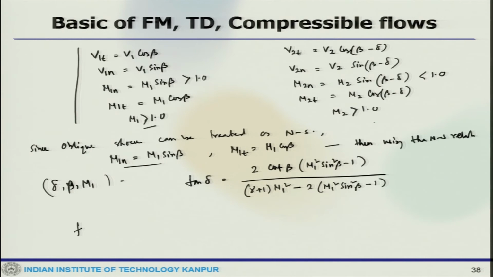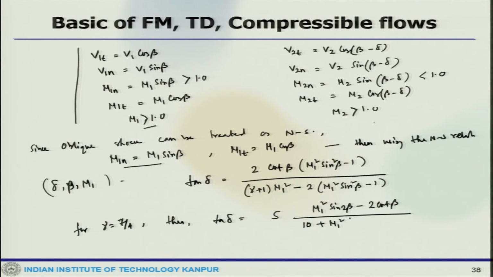Let us say if you consider a value of gamma which is 7/5, then tan delta becomes 5 (M1 square sin square beta minus 1) over... 2 cot beta (M1 square sin 2 beta) divided by 10 plus M1 square (7 plus 5 cos 2 beta).